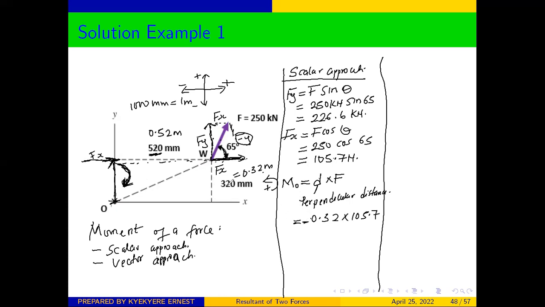Good. Then let's come to our y component. This is our y component. In the same way, if we try to extend our y up to this point, then f of y is going to act in this direction. And you can see that the perpendicular distance from where this is applied to where we are taking our moment is this distance here, and we are told that it's 0.52.